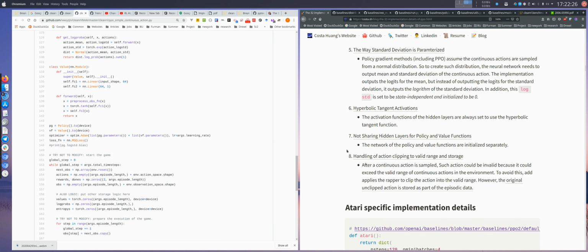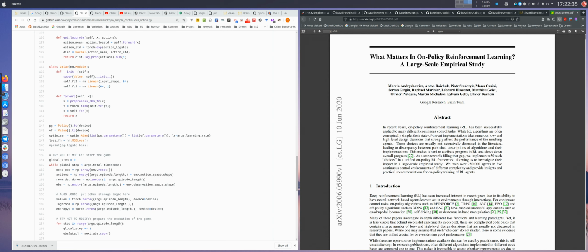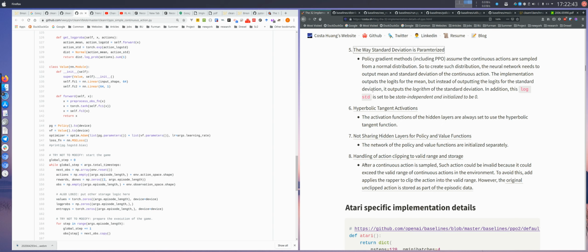But I don't know whether it's going to have similar effect if I do that now with the new implementation, which is, by the way, kind of addressed by the paper, "What Matters in On-Policy Reinforcement Learning: A Large-Scale Empirical Study." I think they mention whether it matters if you set the standard deviation to be dependent on the state or not, and I think their conclusion is that it doesn't matter that much.